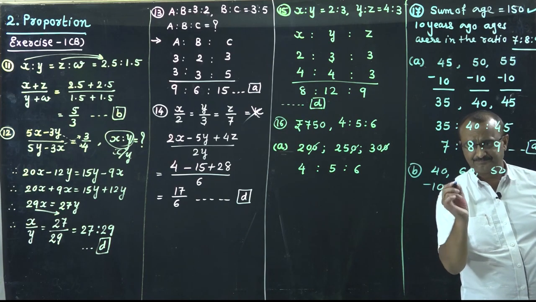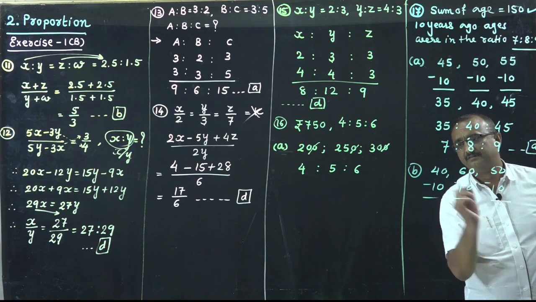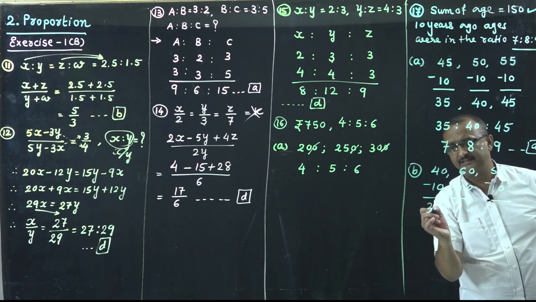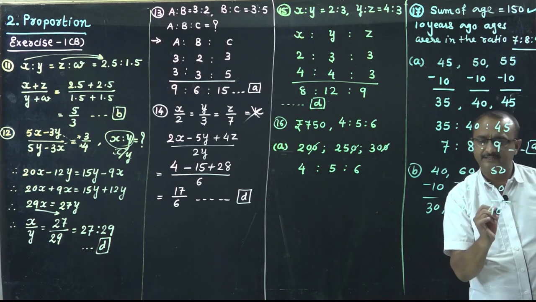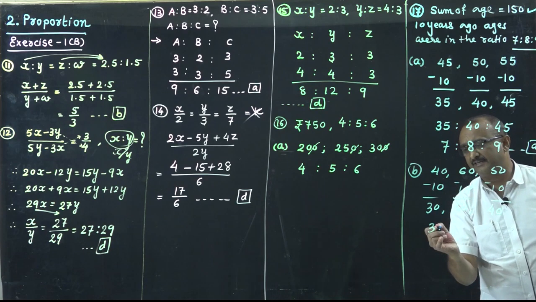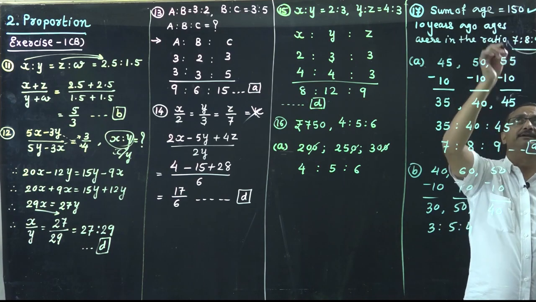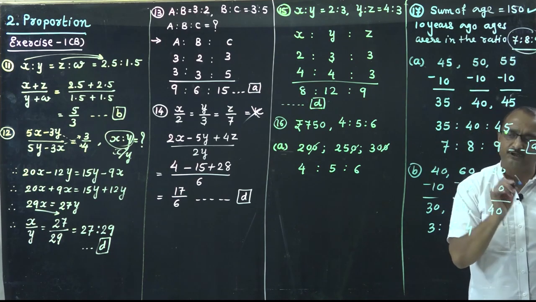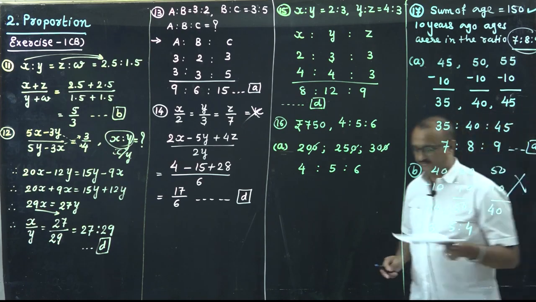Subtract 10 from these 3 numbers. We will get 30, 50 and 40. And the ratio is 30 means 3, 5 and 4. ચાલો તો 7:8:9 આવે છે, નથી આવતો, એટલે ઓપ્શન બી ઇઝ a wrong option. Our option A is correct. Okay.